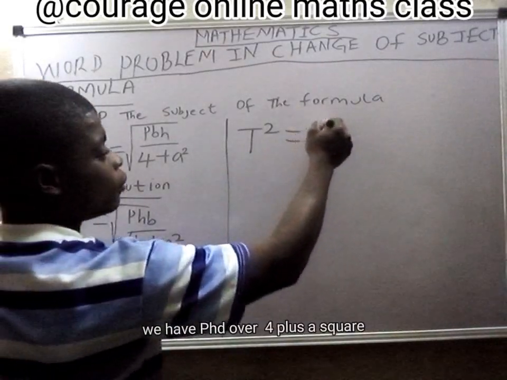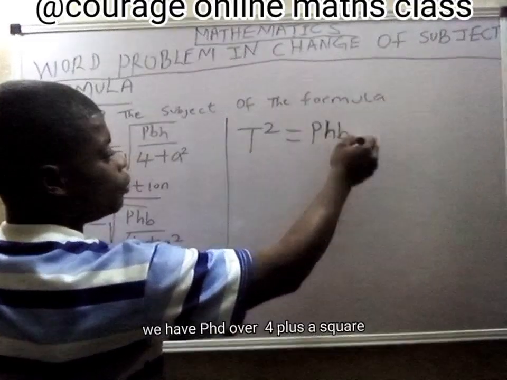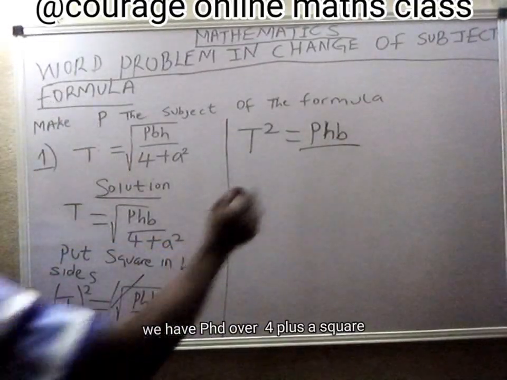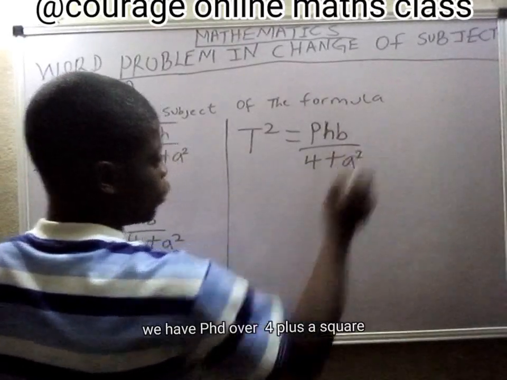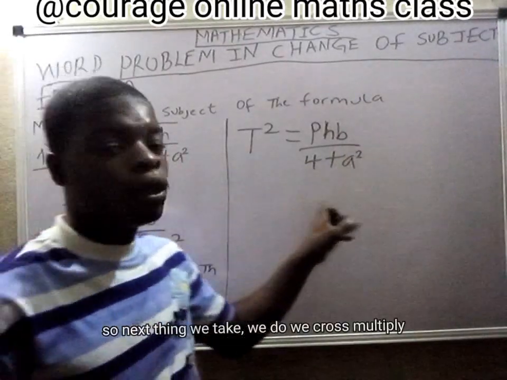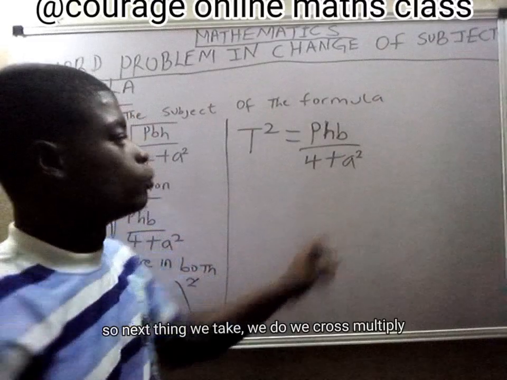We have P H B over 4 plus A square. So next thing we do is cross multiply.